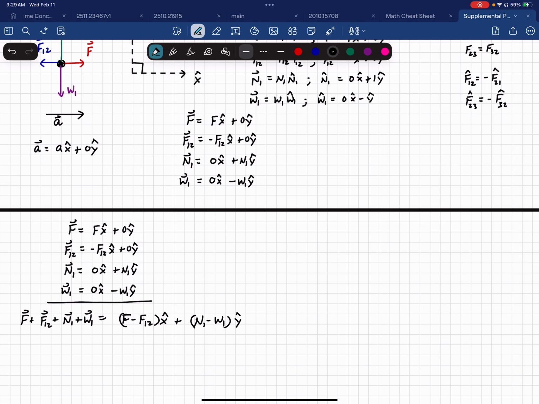Okay, now once we know the net force, F1 net is equal to ma, Newton's second law.